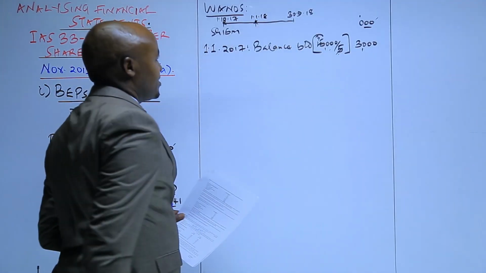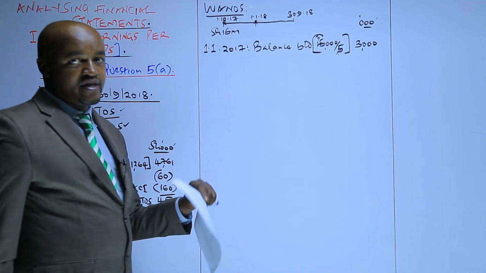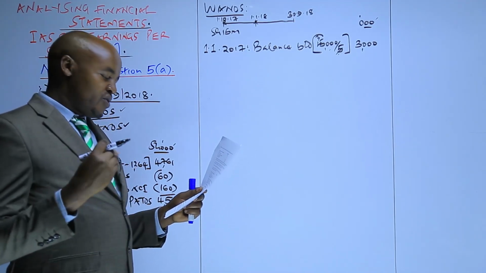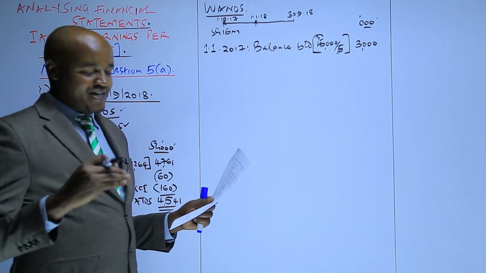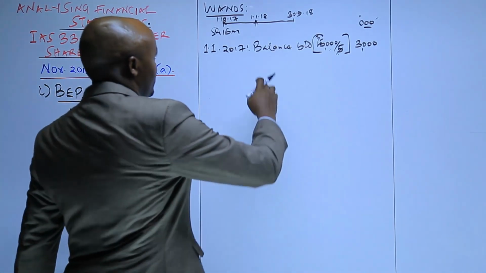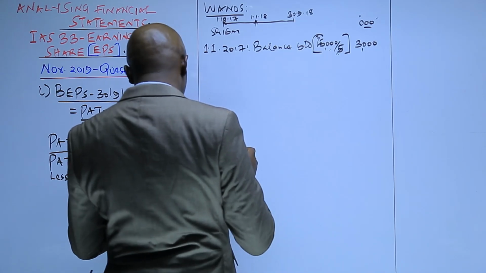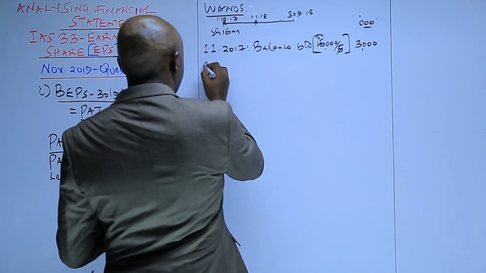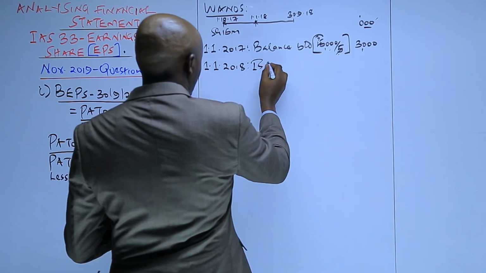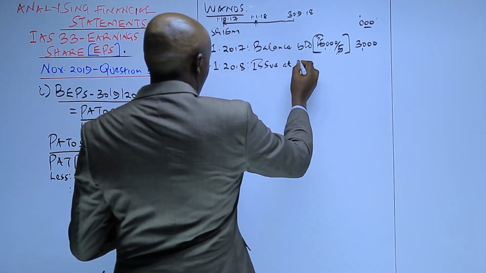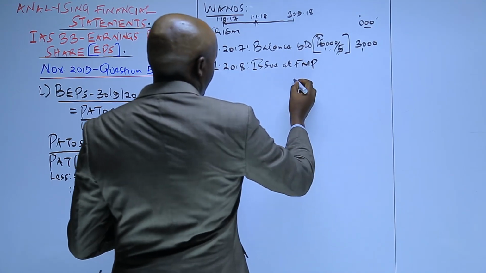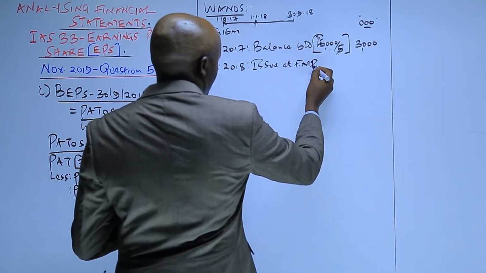You can see 1st January 2018 is within the first year, because here we are given information about 2 years, so you have to check whether that transaction occurred in the first year or in the second year. This one occurred during the first year. So we say there was an issue of ordinary shares at full market price.